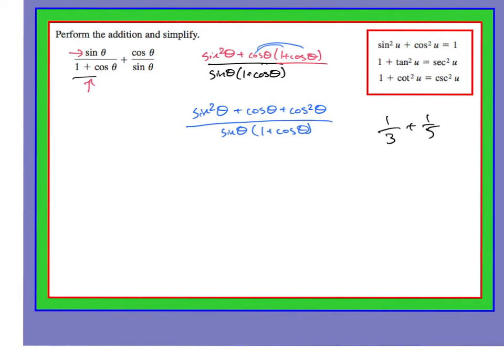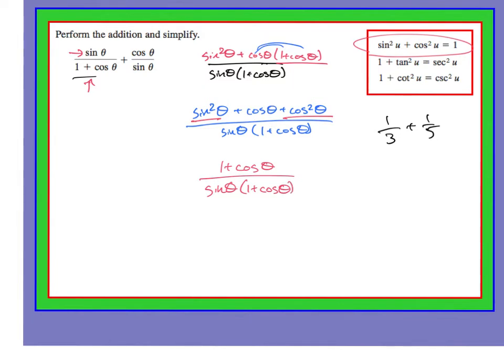Now, do you notice anything? There's two squared terms, so I'm going to use some identity. Now this one's pretty nice: sine squared plus cosine squared is equal to 1. So up top, I end up having 1 plus cosine theta over sine theta times 1 plus cosine theta.